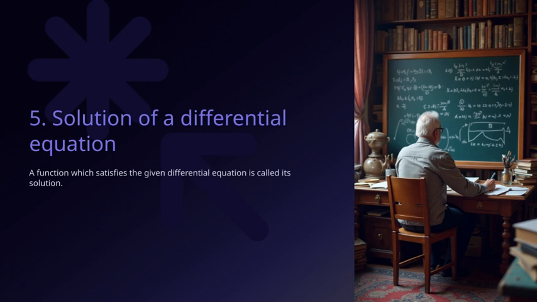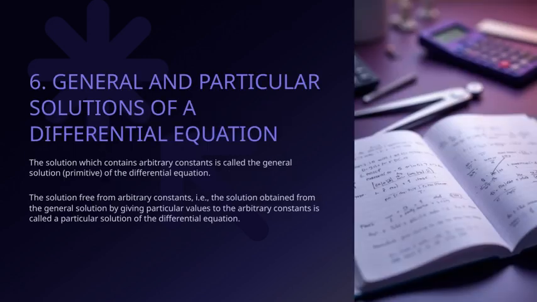directly to real-world applications. Now, let's talk about the difference between the general and particular solutions of a differential equation. The general solution is the one that includes arbitrary constants, which means it has some unknowns that can take any value. This solution essentially represents a family of solutions, covering all possible behaviors of the differential equation. When we assign specific values to these arbitrary constants, we get a particular solution.